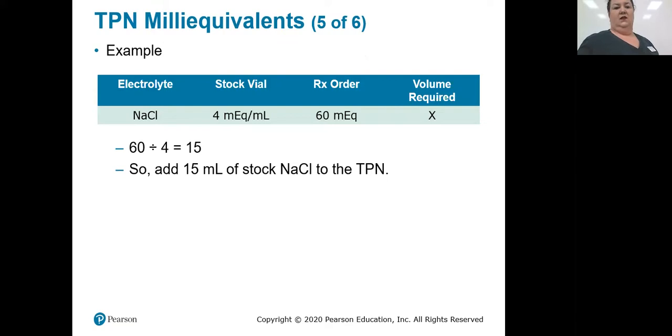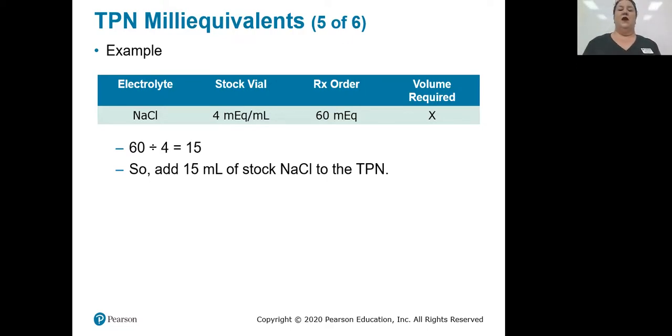So let's get into looking at what we're talking about here. They give you this first example. This is example 21.26 in your textbook there on page 334. The order is calling for 60 milliequivalents, and your stock vial comes as 4 milliequivalents per mL.